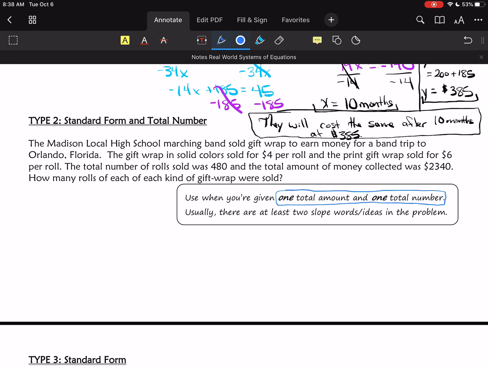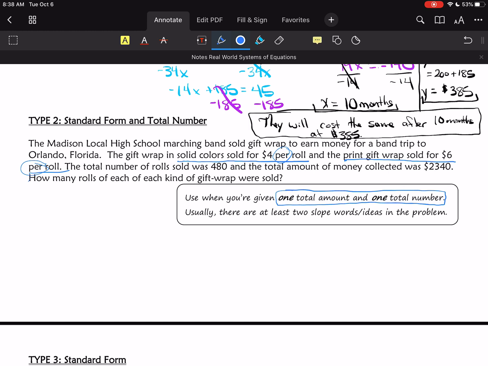The Madison Local High School Marching Band sold gift wrap to earn money for a band trip to Orlando, Florida. The gift wrap in solid colors sold for $4 per roll. And the print gift wrap sold for $6 per roll. Okay, so there's those two slope words, per and per.